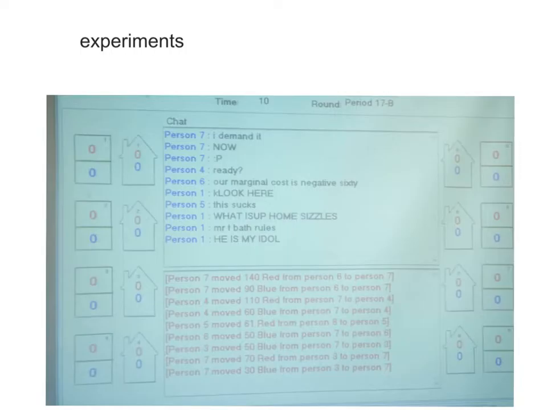So subjects, oftentimes students, are put in a situation where they have to make choices, and the choices are constrained by some sort of rules, and we design the experiment in such a way that we're going to learn something from observing the choices that the subjects make.